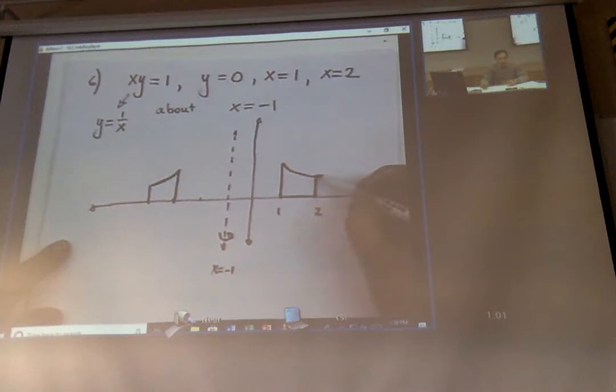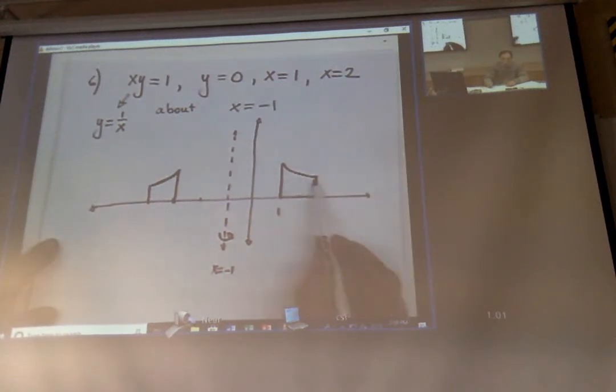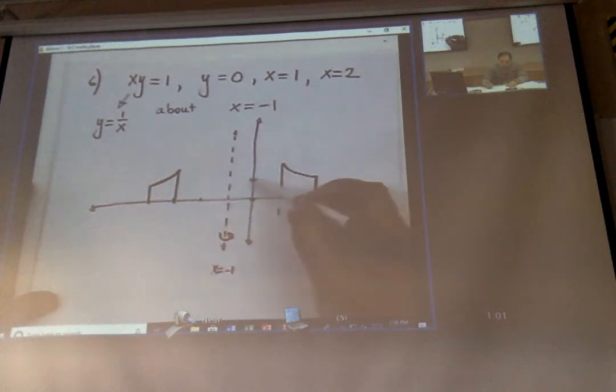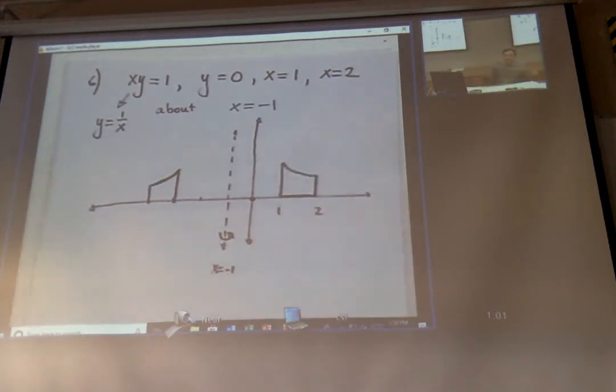So this will require splitting. I'm not going to draw this because I'm going to use the shell method, but it requires 2 different integrals because of the outside radius. One integral will be from 0 to 1 over 2, and the other from 1 over 2 to 1. 2 integrals, it's a great big inconvenience.